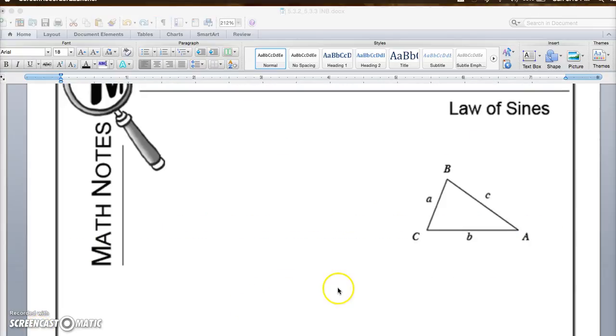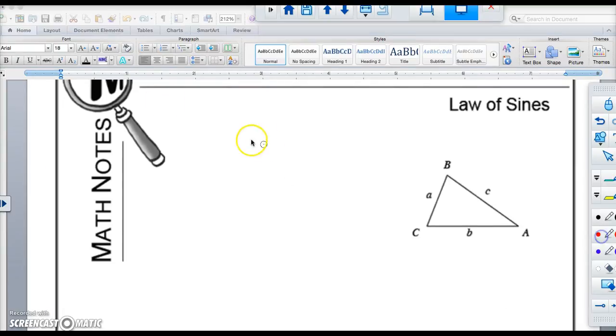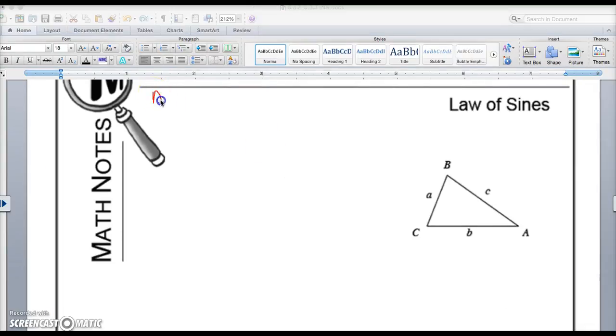Alright, now let's look at the law of sines. I'm not sure if I left this sheet for y'all, so if I didn't, then you just need to write it down in your learning log. The law of sines, again, applies to non-right triangles.